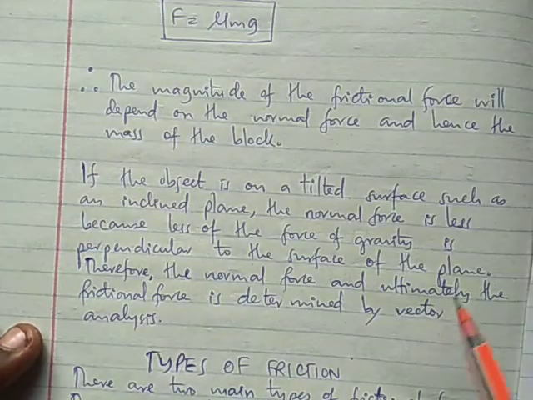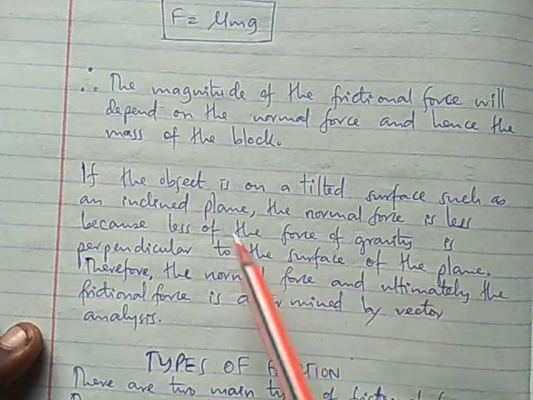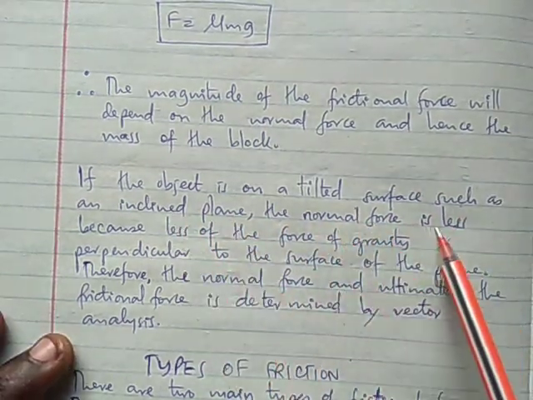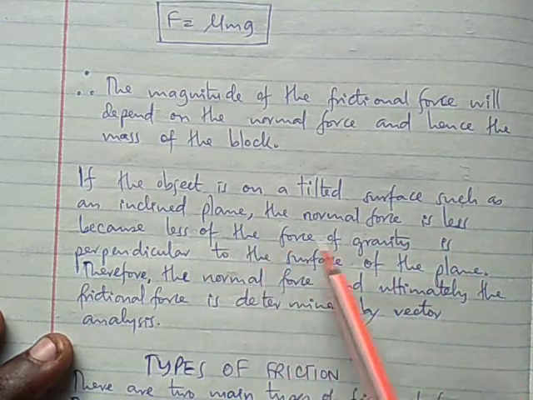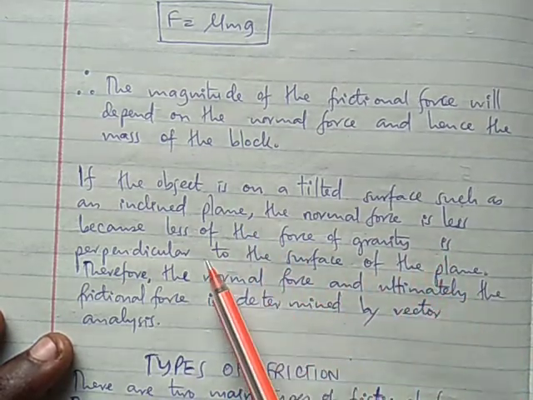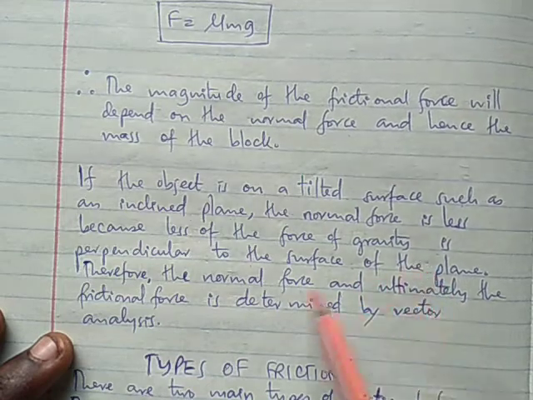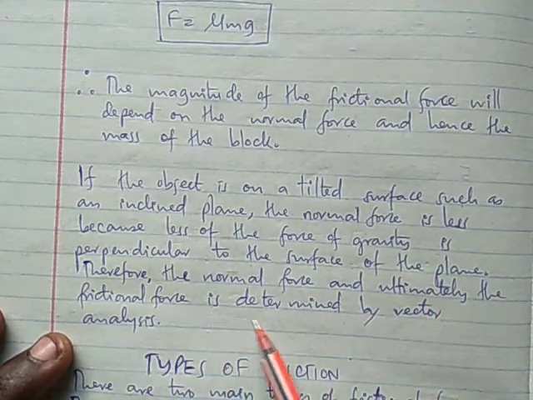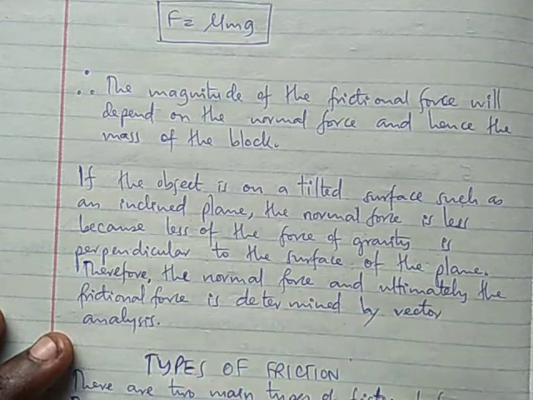So we are saying that the normal force is less if the object is tilted on the surface, such as an inclined plane. The normal force is less because less of the force of gravity is perpendicular to the surface of the plane. Therefore, the normal force and ultimately the frictional force is determined by vector analysis.